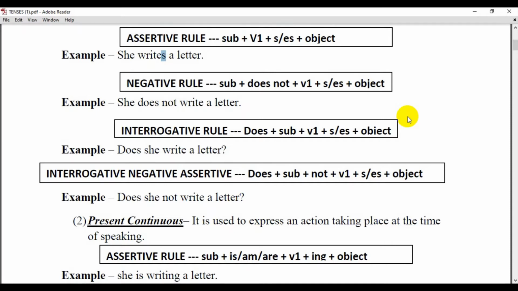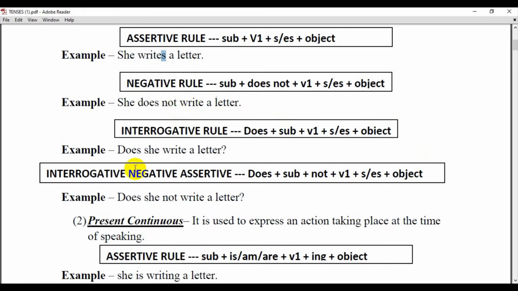If we have to negate the sentence, we need to use do, does to negate the sentence, with not, of course, before the verb. Subject plus does not, or subject plus do not. She doesn't write a letter, or he doesn't write a letter, or I don't write a letter.